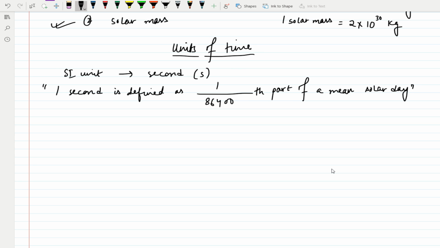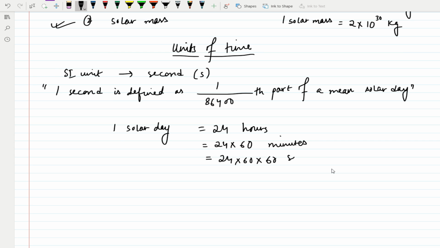Now what is this actually? So again we come back to the concept of unitary method. One solar day. Solar day is actually one day, has how much hours? 24 hours. 24 hours is 24 into 60 minutes, and that is 24 into 60 into 60 seconds. So if you multiply you'll get 86400 seconds. You can say one solar day has 86400 seconds.